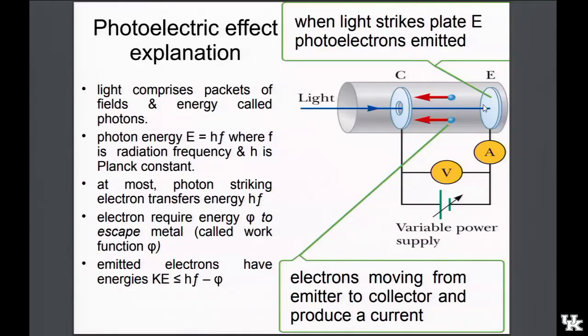So it could be given a kinetic energy up to hf. That's what this piece of the equation says: the energy transferred to the electron, the kinetic energy, is up to the size of the energy carried by the photon. It's that simple. The phi is just a little complication.